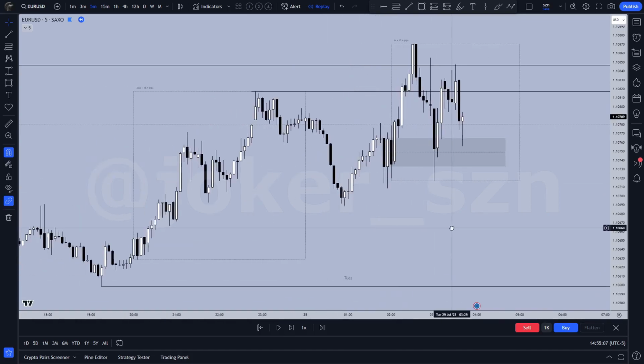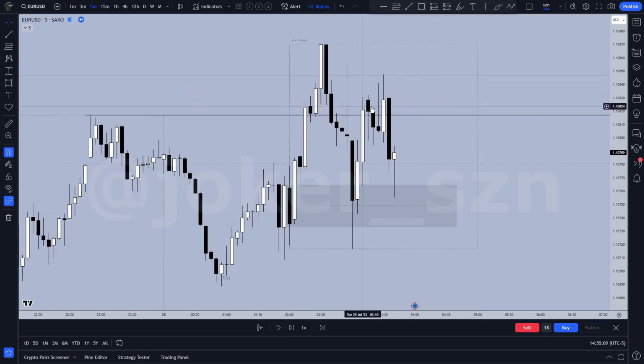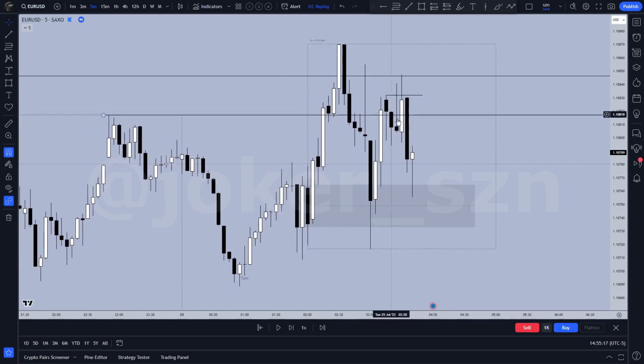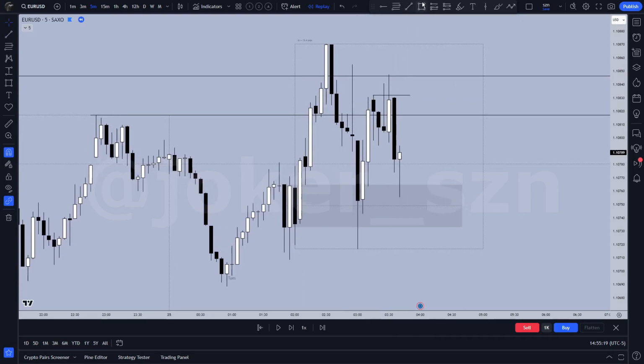And now pretty much what we have here, we got a reaction, we made a new high here, right? We have a higher high, a short-term high, we raided that on the M5, and we then also got a market structure shift here on the M5. We have a high here and a low, and we break the low.